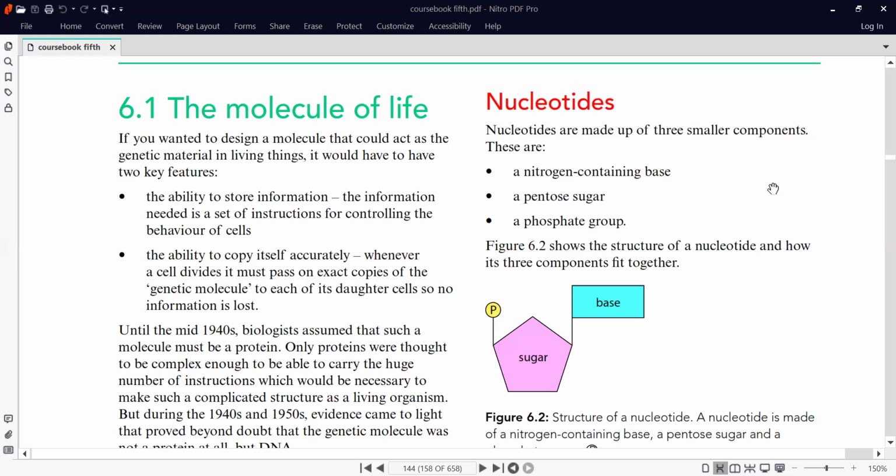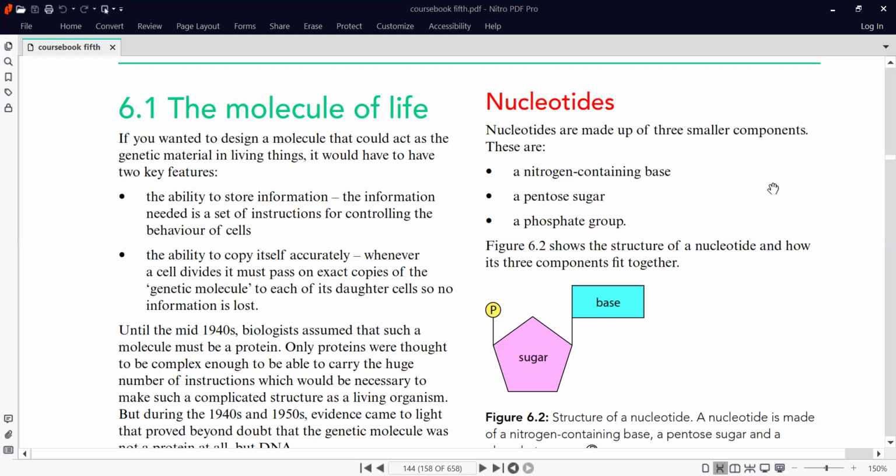Like a neuron is different from a nephron, a nephron is different from skin, and a skin cell is different from a muscle cell, right? So number one thing, they wanted to see a molecule which can store a lot of information in it, and that was obviously DNA. And they were also looking for a molecule which should copy itself accurately.